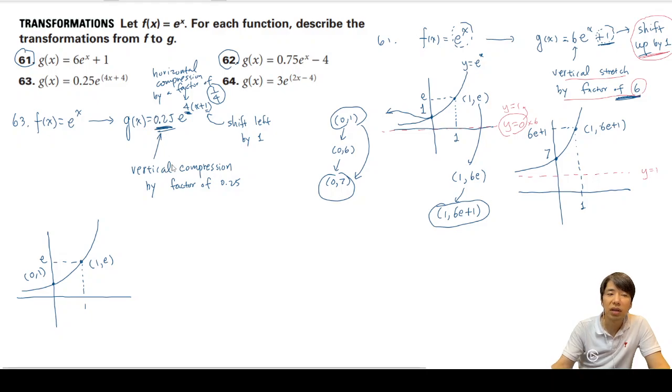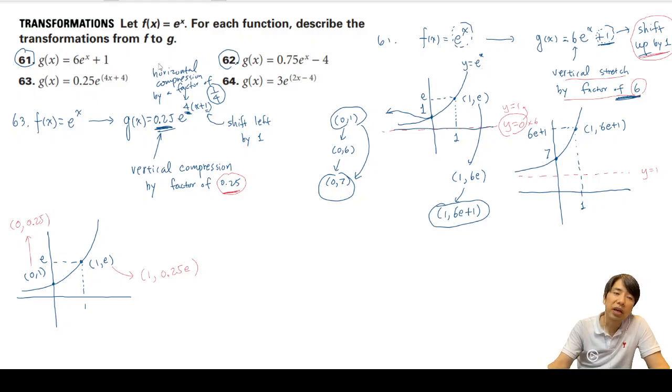First of all, I'm going to do vertical compression by a factor of 0.25. So you have to multiply this number to the y coordinate. So this point becomes 0, comma, 0.25 times 1, so that's 0.25. And this coordinate becomes 1, comma, 0.25e.